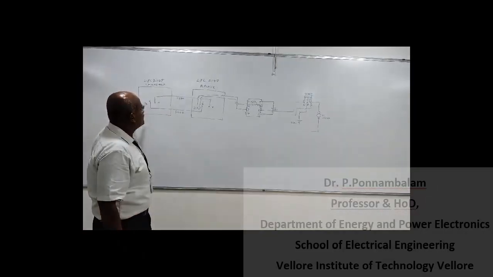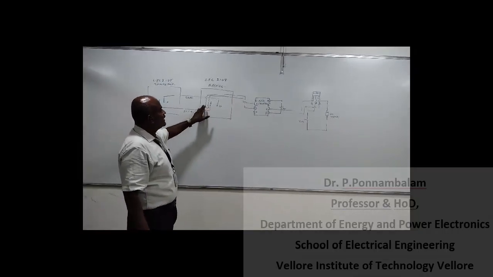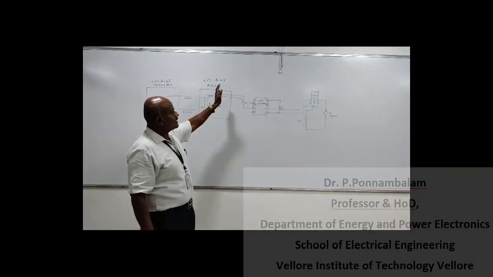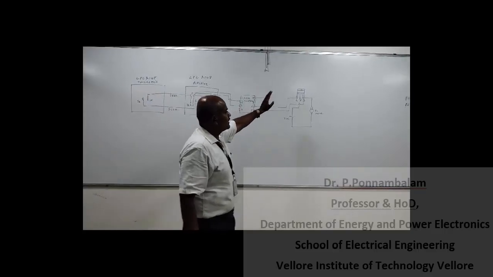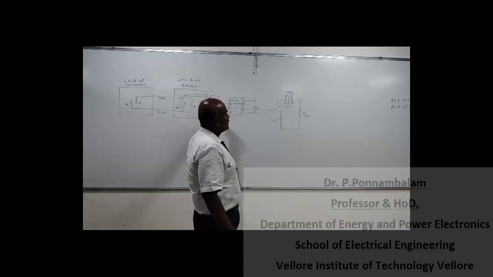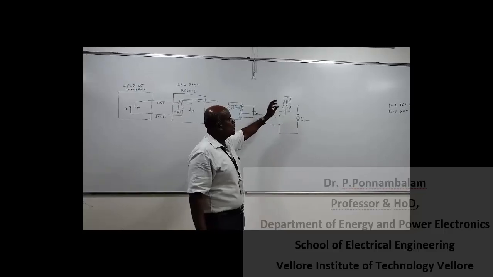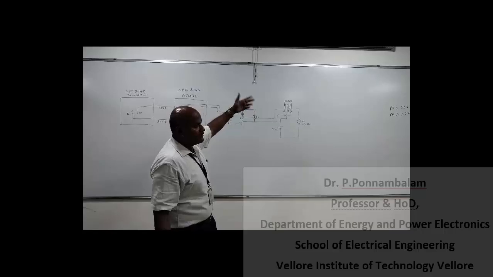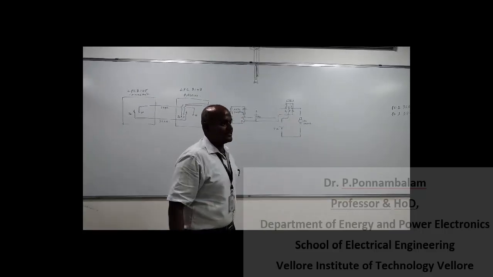So based on the ADC signal, the pulse width of the PWM will be decided, and that is being fed into the optocoupler, and from the optocoupler it is being given to the chopper, and based on the PWM, the chopper will be controlling the voltage that is fed towards the DC motor. So based on the voltage, the DC motor speed varies.